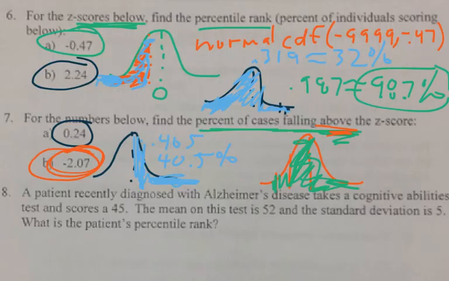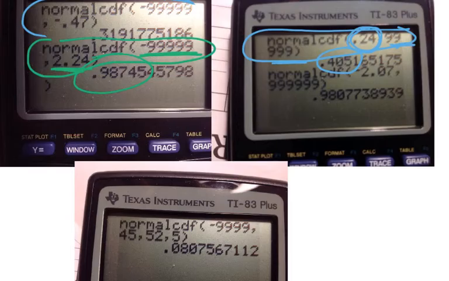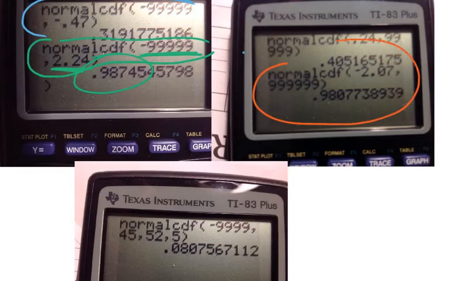So let's see how we would do that on our calculator again. Notice right here, follow the red right here, guys. Right here in red, I did normal CDF. And remember, from left to right, my left boundary is negative 2.07, up to positive infinity. And notice I got a very large value again, 0.98, right?